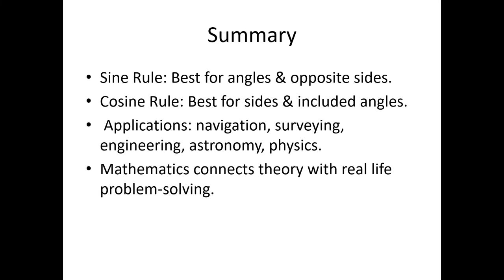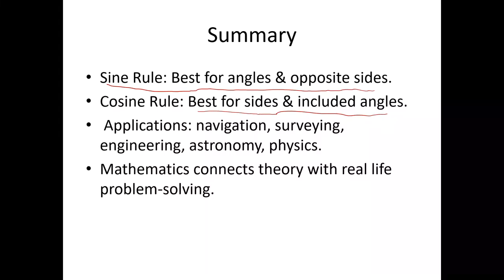So sine rule is best for angles and opposite sides, then cosine rule still is the best for sides and included angles. Then applications are in navigation, surveying, engineering, astronomy, and physics. Mathematics connects the theory with real life problem solving.